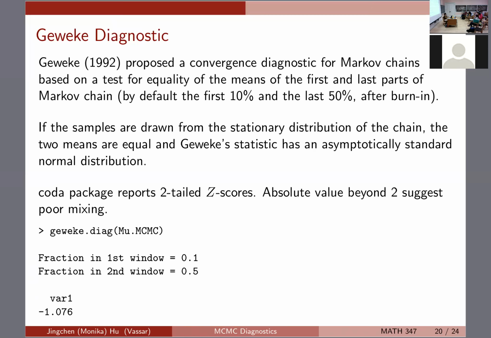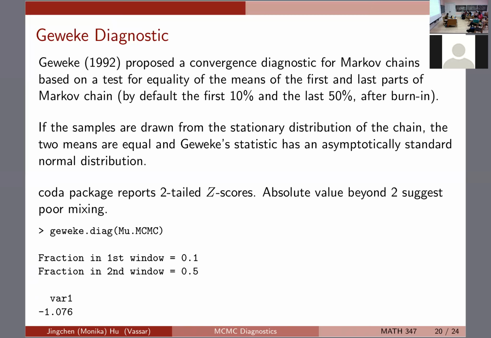You can think of it as 10% of the samples from the beginning and 50% of the samples from the end. You treat these two as two different samples and you're testing the mean. So it's pretty much just giving you a two-tailed z-score. Based on what you have learned before, hopefully you know about testing two different sample means in the frequentist sense.